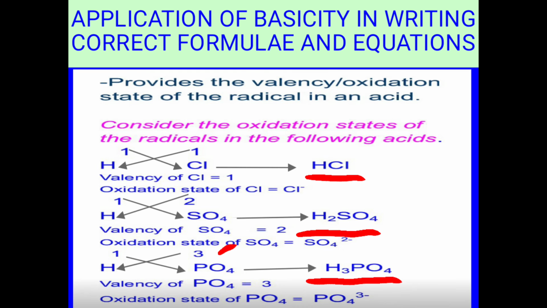When you go to sulfuric acid, you're going to see that the valence of the sulfate is 2, and also the oxidation state of the sulfate is 2 minus. Let's move on to the phosphate. The valence of the phosphate here is 3, and its oxidation state here is 3.